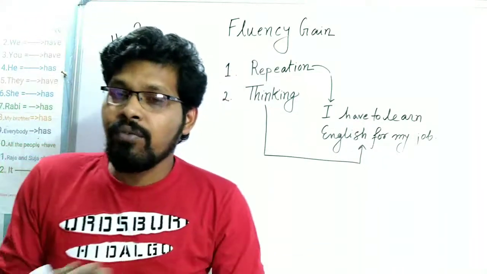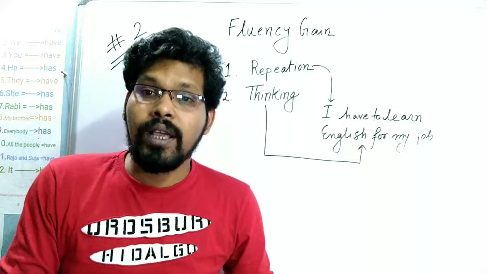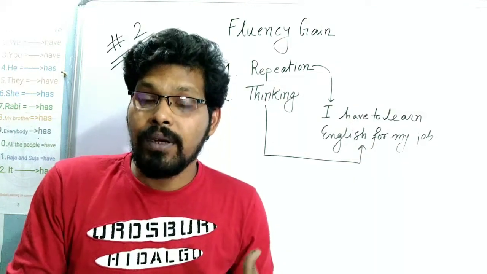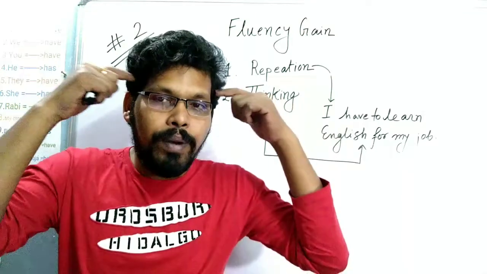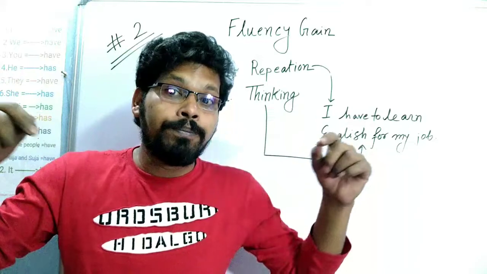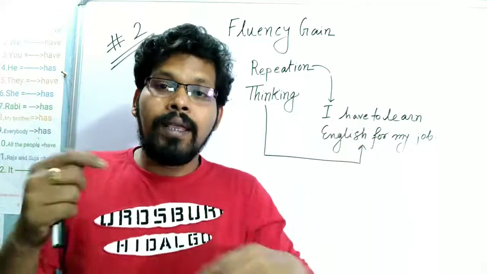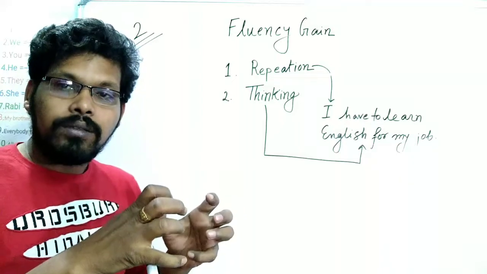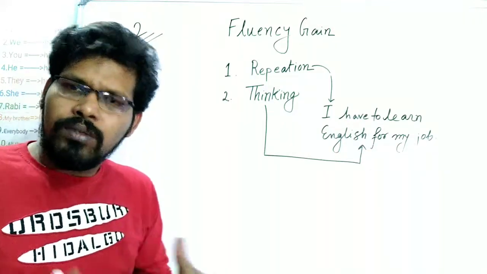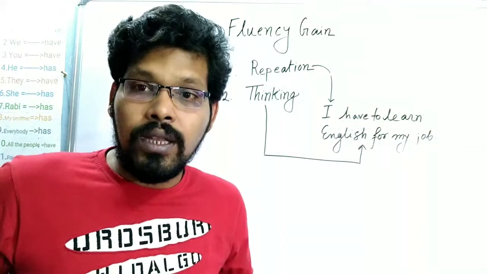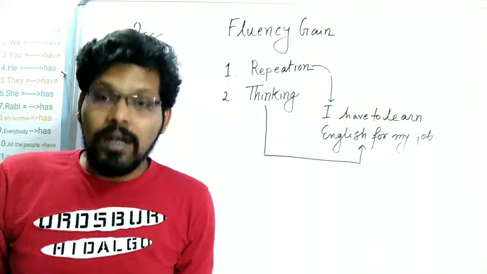If you want to gain fluency, then you have to say one sentence several times in this way, repeat and repeat. By repetition, your brain will be hammered. By hammering, your brain will catch that sentence. Suppose you ask me: if I say one sentence all day long, all night long, how much will I gain?